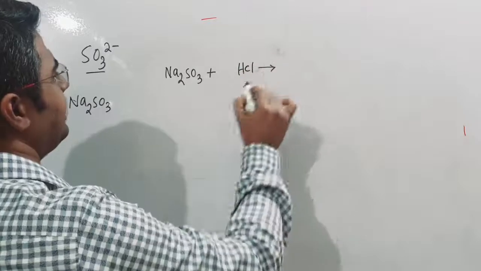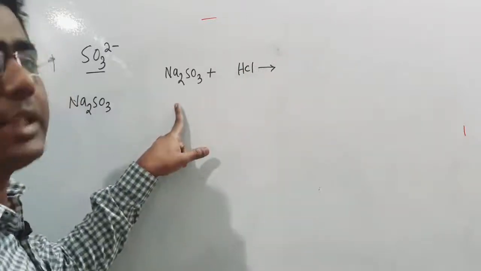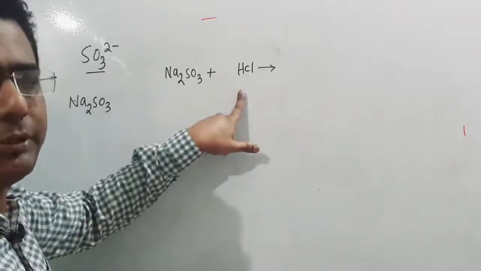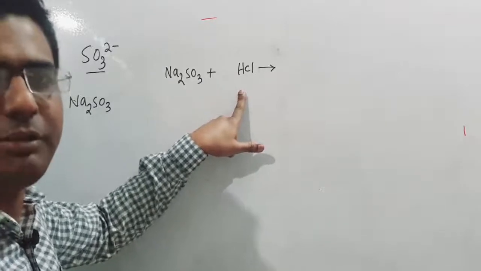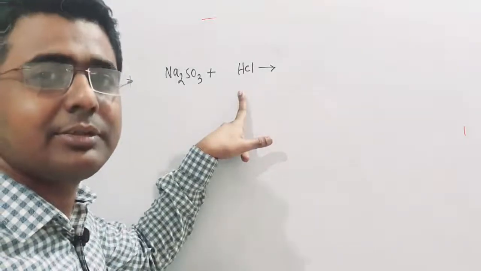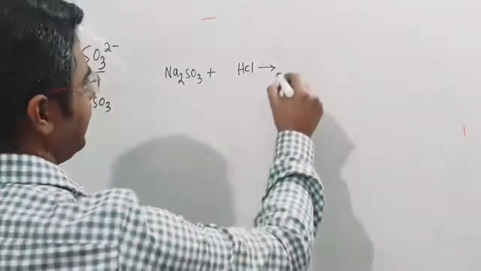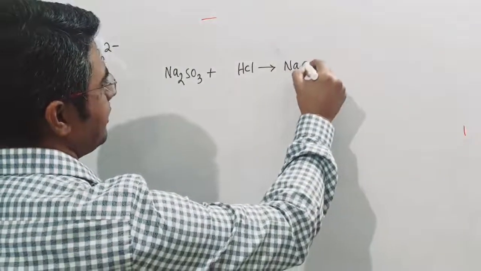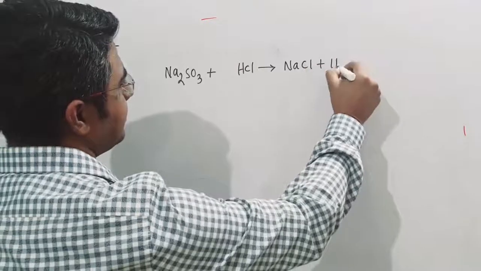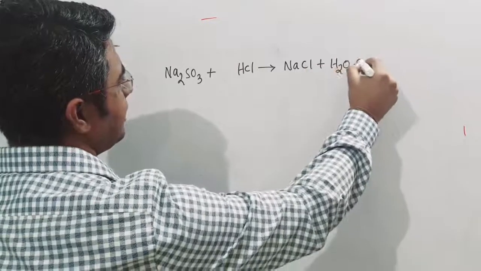So see, this is a sulfite, this is a dilute acid. What will you get? You will get a salt, water plus sulfur dioxide. The salt will be sodium chloride, water and SO2.